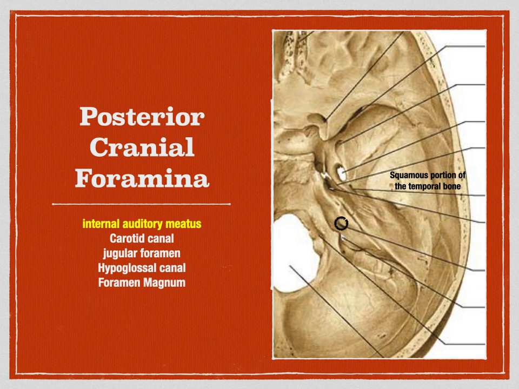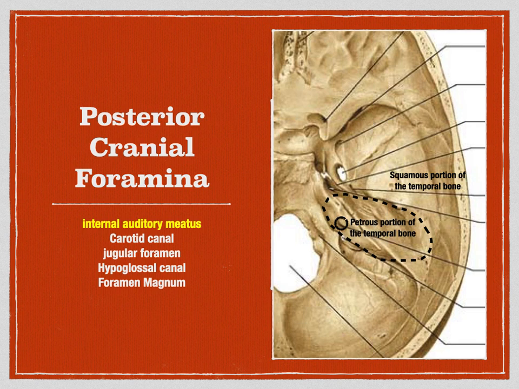Now that's contrasted with this portion right here, which is the petrous portion of the temporal bone. This is a big, chunky piece of bone. It stands up kind of like a mountain range from the center of the skull diagonally out to the side. Petrous has that word that means stone or rock in Latin.